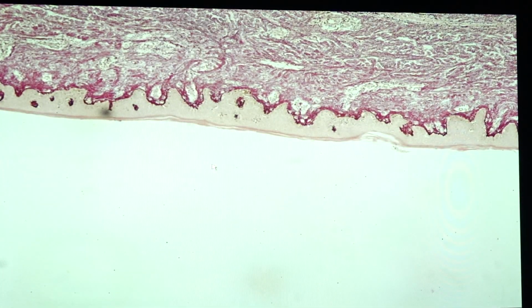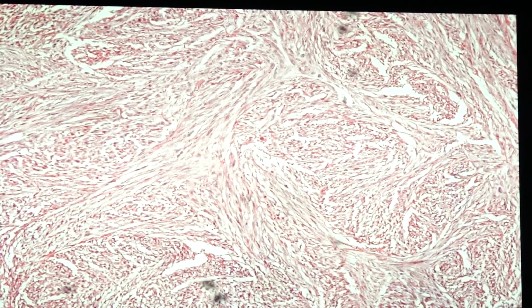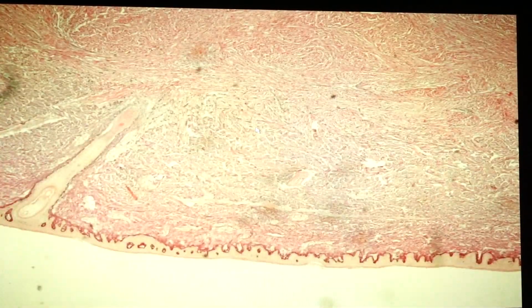This area would be pertaining to the squamous epithelium. What we have to look at would be the particular area in the stroma. This is a nodule that would be seen at the dermal portion. This would be the boundary or the margin of the nodule.